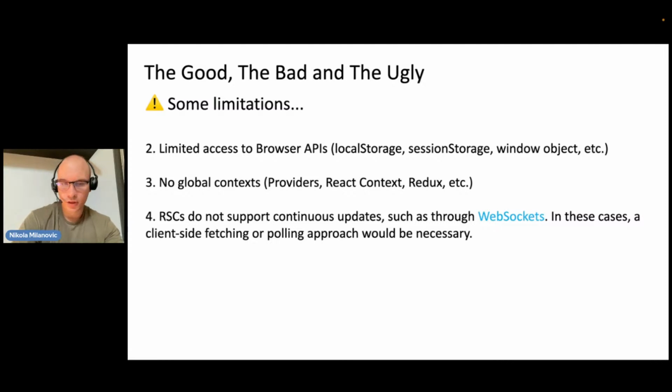I mean, you can use use client and say okay, but then the server components lose their meaning. So you really need to think about this stuff, like where do I put the context, where do I put the providers, and how do I handle, for example, if you're saving your JWT token in local storage, how do I get that on the server if I need it, and stuff like that.